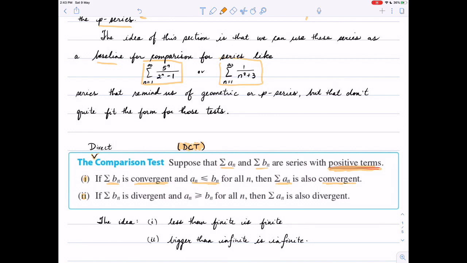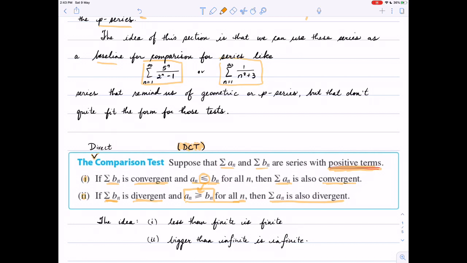Flipped around, if the sum of b sub n is divergent and the nth term of a is greater than or equal to, not less than or equal to, but greater than or equal to the nth term of the b series for all n, then the sum of a sub n is also divergent.